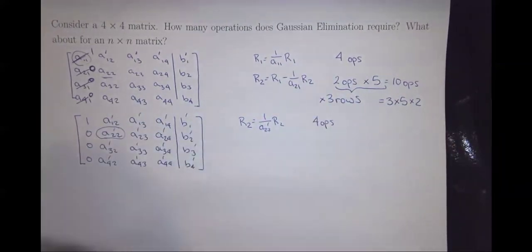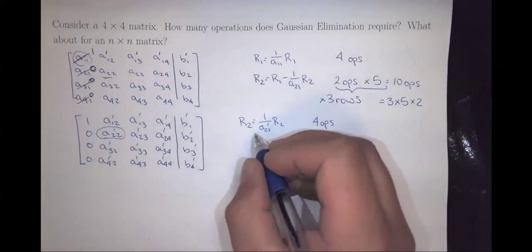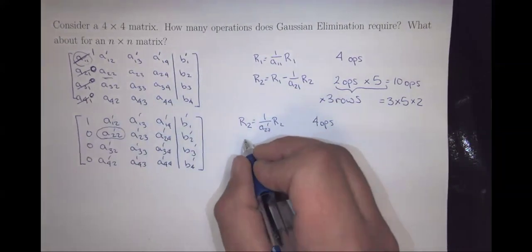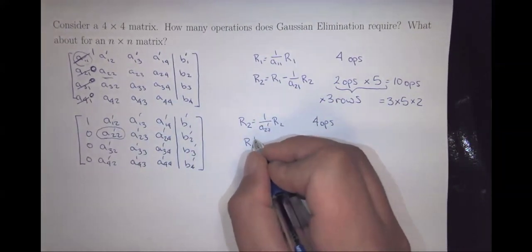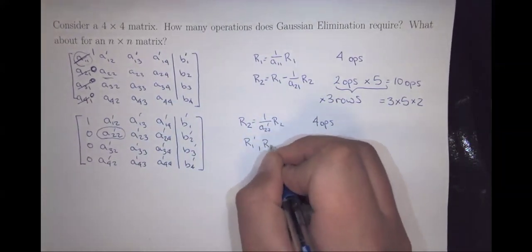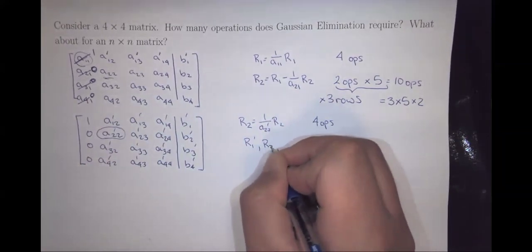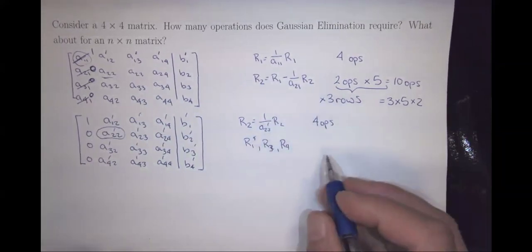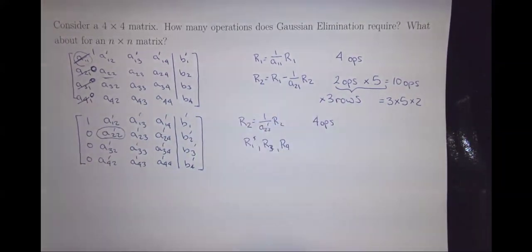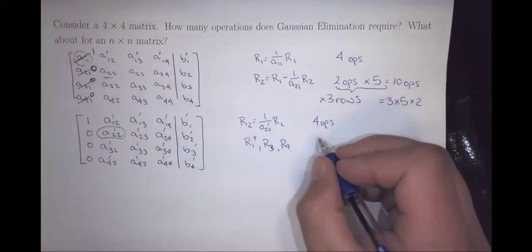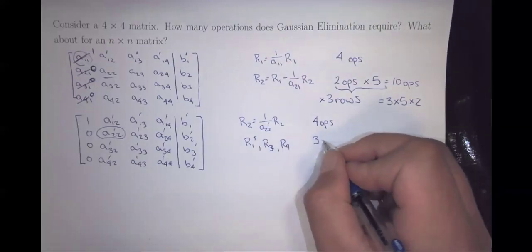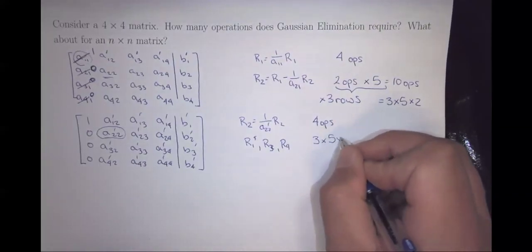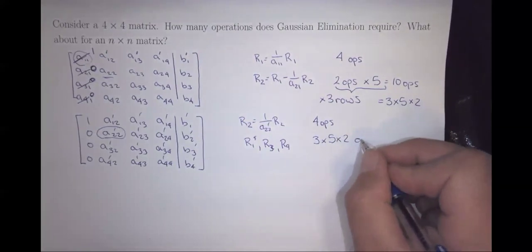But for ease, let's just work with that for a minute. We're also then going to need to fix row 1, row 2, and row 3 and row 4. So same way we did it up here, we're going to need 3 times 5 times 2 operations.